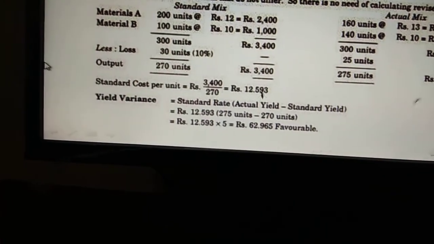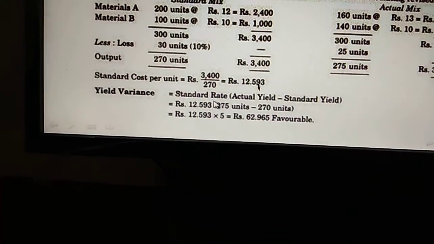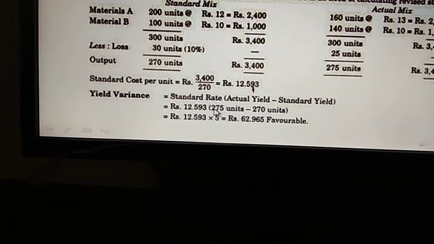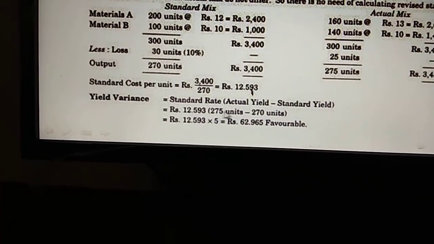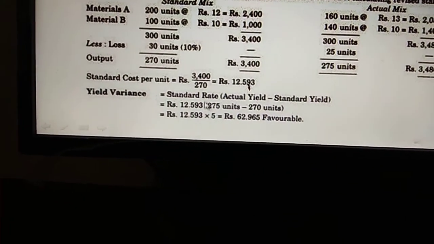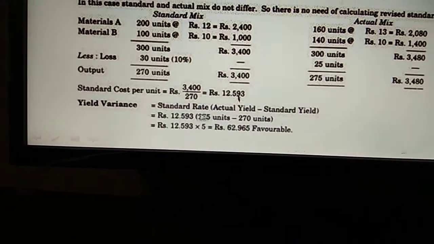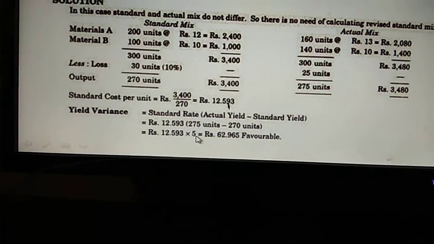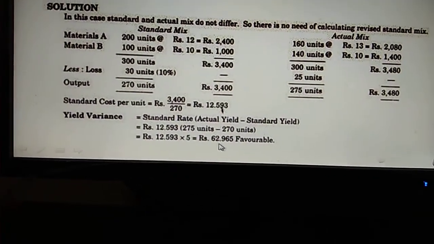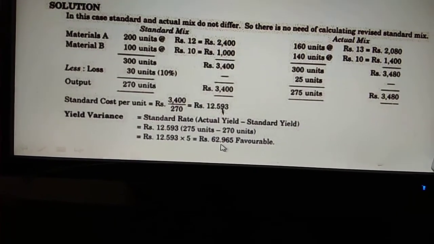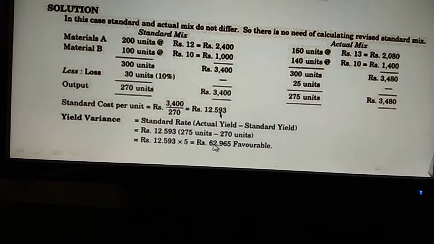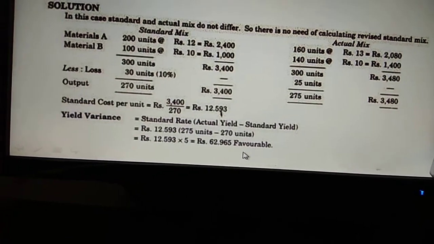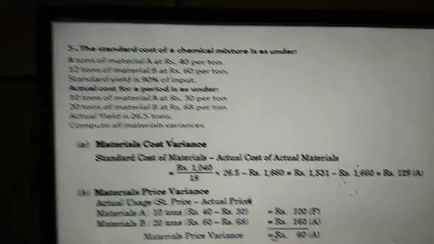Remember, here actual is more means favorable, because yield is an output. For the yield variance you have to remember that actual more means favorable. Only this is the difference. 12.593 rupees into 5 equals 62.965 favorable.